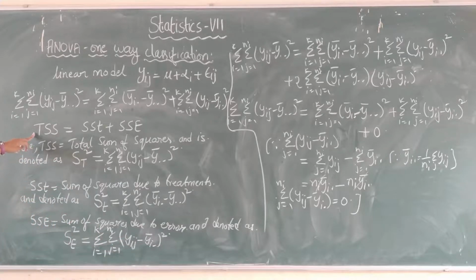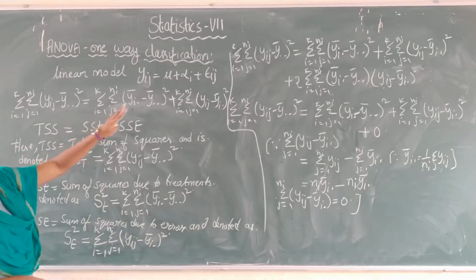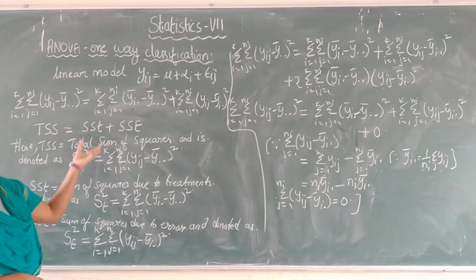So you can write it as TSS. So the total sum of squares, whatever we got, we have partitioned into two terms. The total sum of squares will be equal to the sum of squares due to treatment plus the sum of squares due to error.